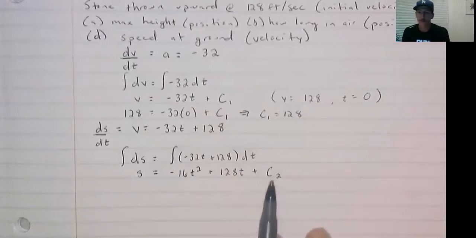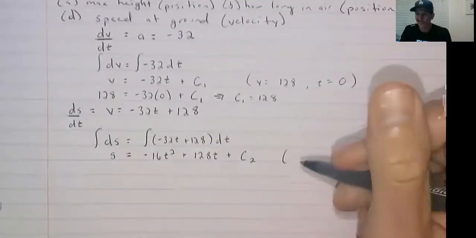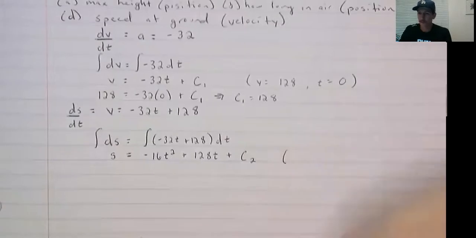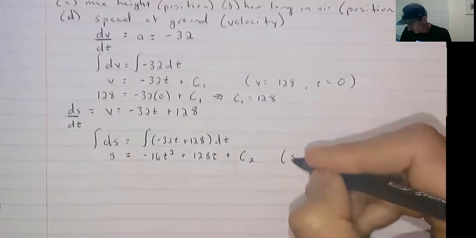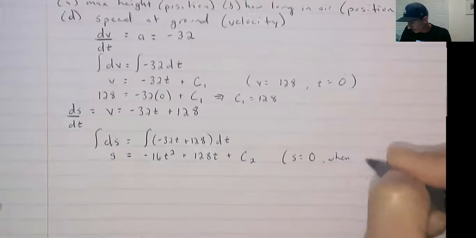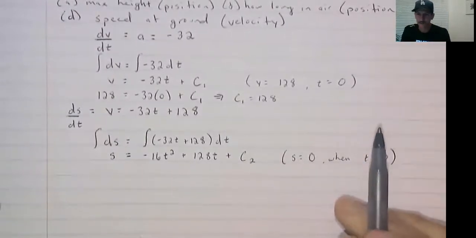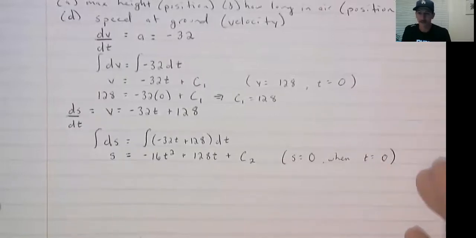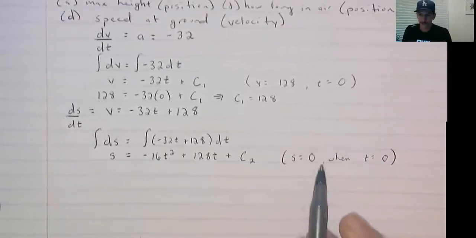Okay, so how do we figure out this second constant? Well, the second initial condition is not explicitly given to us, but from the nature of the problem, we can discern that the position is 0 when t is 0, okay? Which is not technically true if you actually think about the nature of throwing a stone. It's probably going to be 5 feet above the ground. But for the purposes of our model, we're going to say that it's 0.